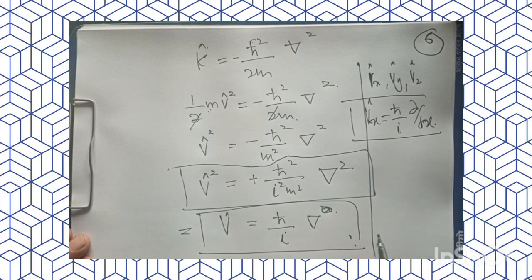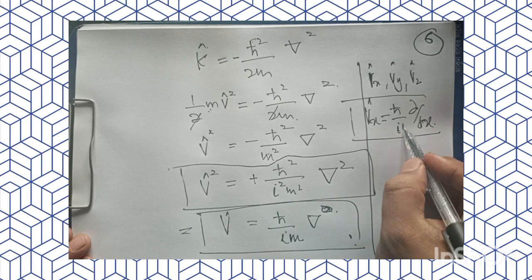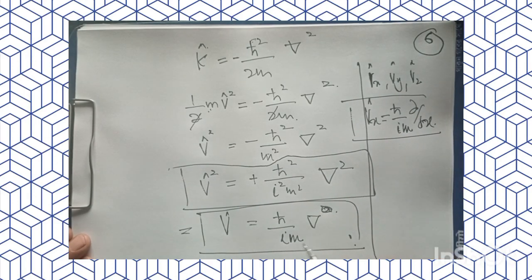I have missed m here, sorry. This is m, okay? So this is going to give me the operator for velocity. So for velocity, I have a corresponding operator, what's called the velocity operator. And this velocity operator is h cross by I m del.